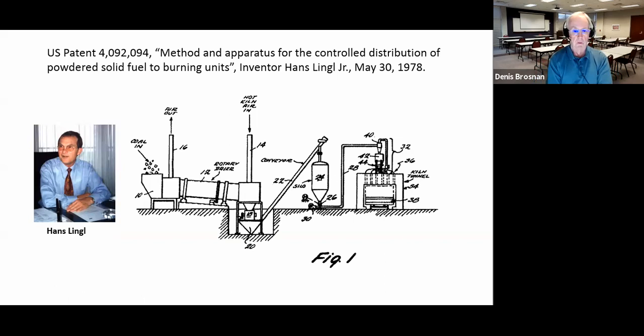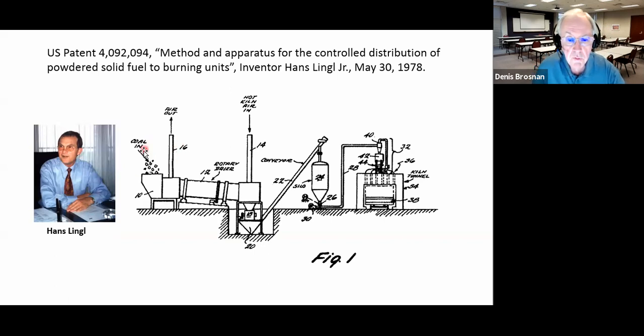The Lingel company in Germany makes kilns and other devices for the ceramic industry. Mr. Lingel was very kind to me during my career, and so I inserted a picture of him, and here's one of his patents. And since I didn't have pictures of solid fuel systems, I used patent drawings.